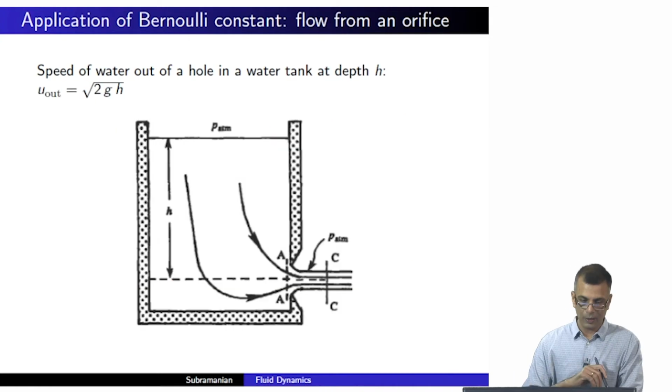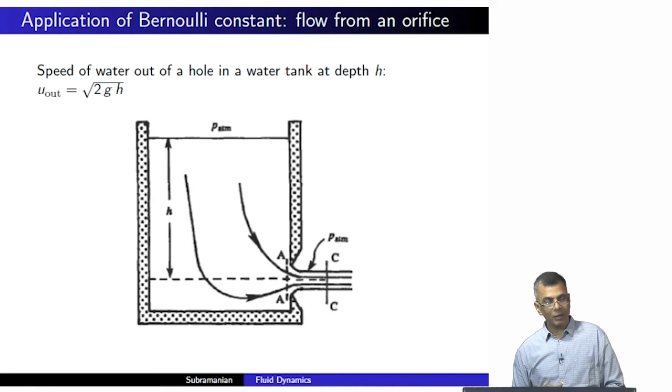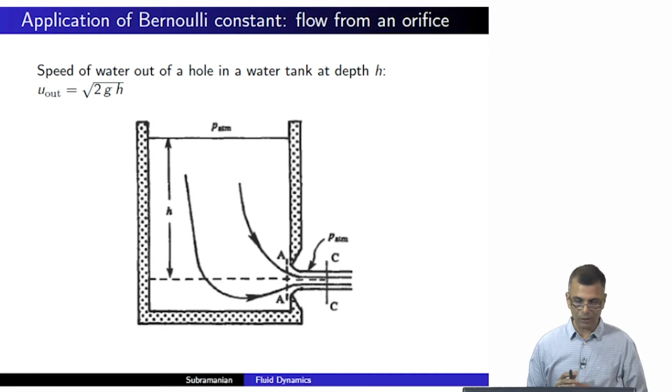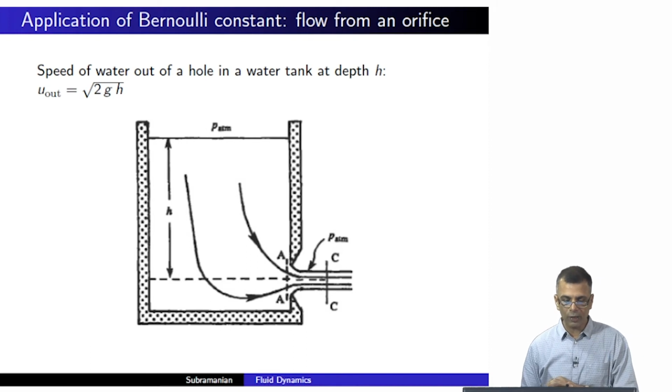Right. So here's an application of the Bernoulli constant. The application is that of flow from an orifice. So what you have is a container of water with an orifice here, and you must have encountered this problem many times.